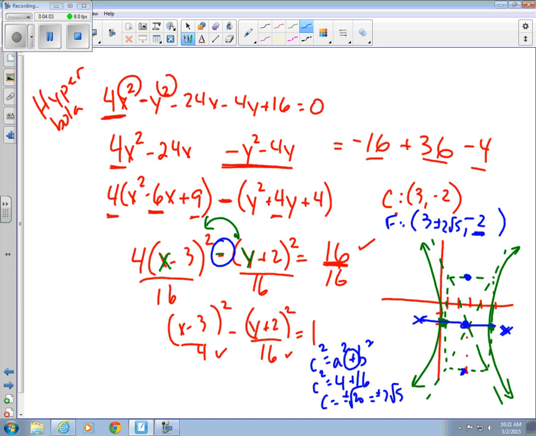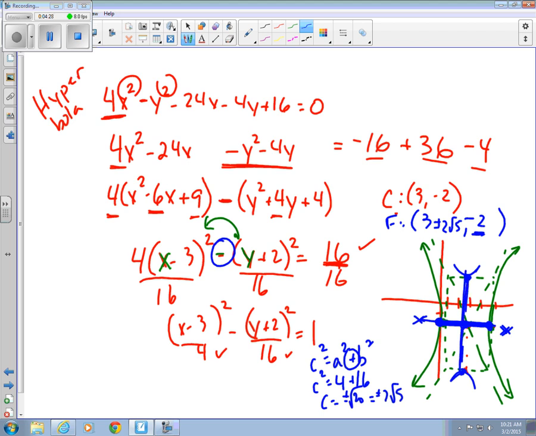These are called the vertices, those 2 points. Okay, the connecting axis is called the transverse axis. The other one is called the conjugate axis. So this one right here would be the conjugate, but the transverse axis is what connects this. So if the hyperbola had been going this way, then this one would have been the conjugate axis, but it wasn't.